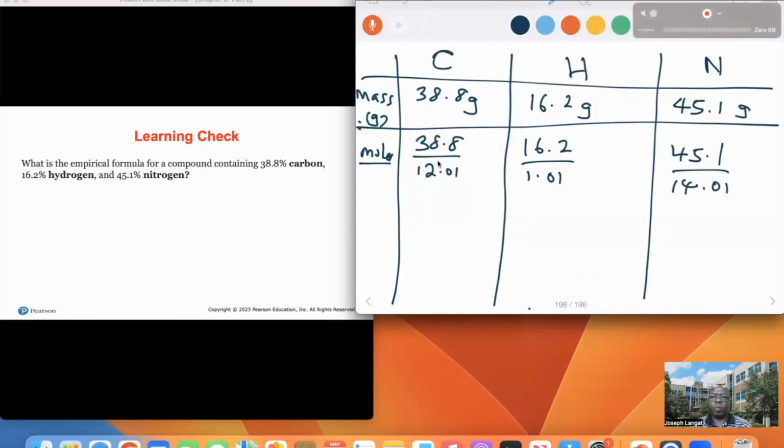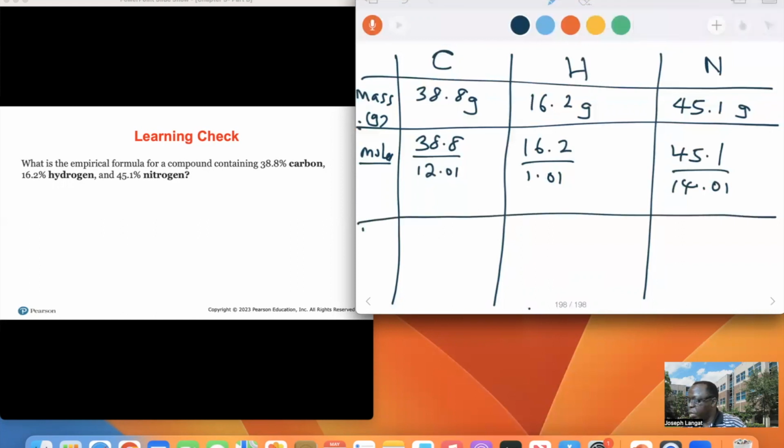These are just atomic masses of each one of them. I'm converting it to number of moles. Converting to number of moles, this will give me 3.23.